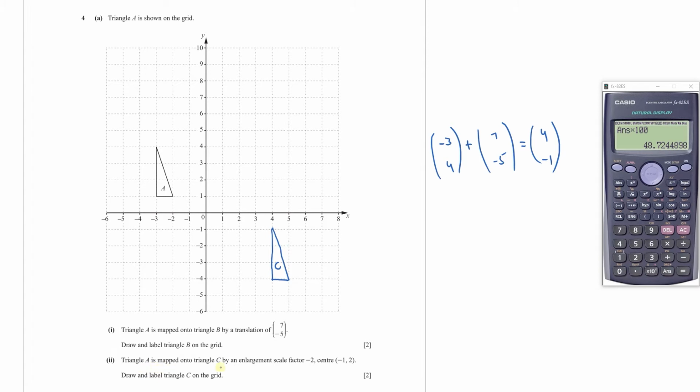So this is your triangle B, actually. Triangle A is mapped onto triangle C by an enlargement with scale factor -2 and center (-1, 2). So your center of enlargement is (-1, 2). So this is your center of enlargement and your scale factor is -2.